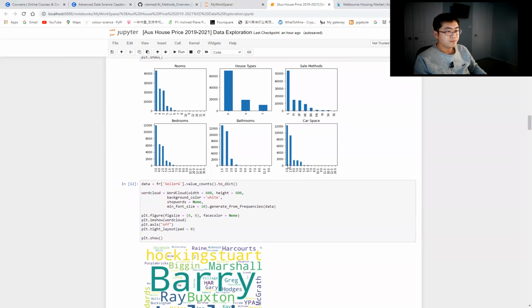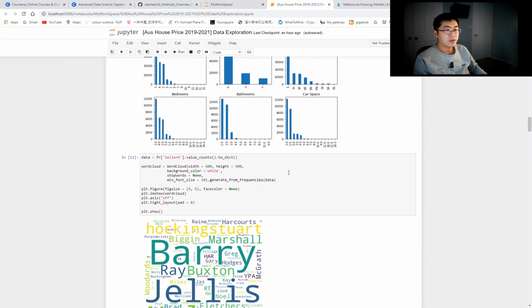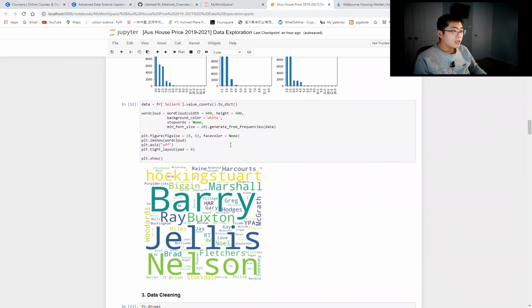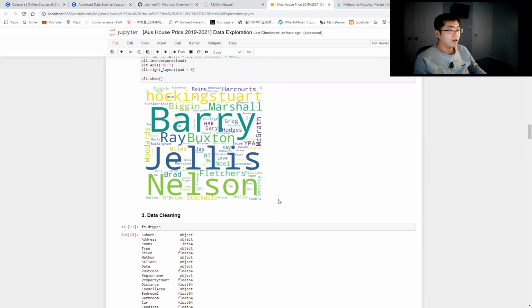Car spots might be very useful for units and apartments, but might not be that useful for the full block of land of houses, because usually you have extra space for the car space. I don't believe it has been recorded very accurately to represent the condition of the car space, for example. We have the seller group counts. Here are some big brands, Barry, Jellis, Nelson, which are the 3 biggest groups of agents.